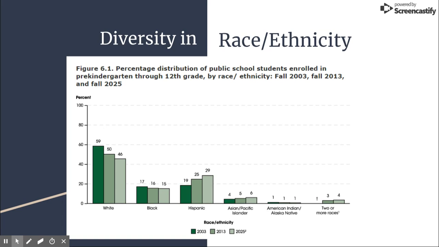And so this shows pretty specifically that we have students who are not just one race or ethnicity, and that's something that we need to be aware of in our teaching. And additionally to this, the reason why there are 2 or more races and the reason why the white race is also going down is because of this combination of races.